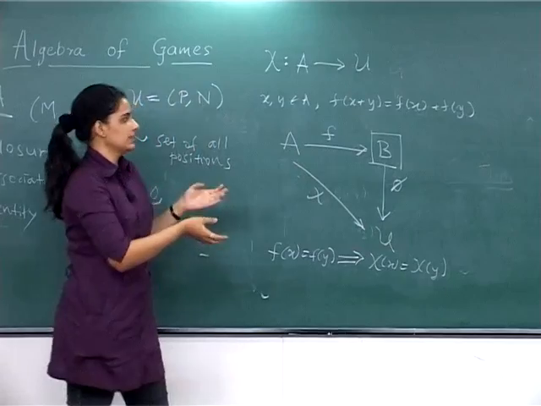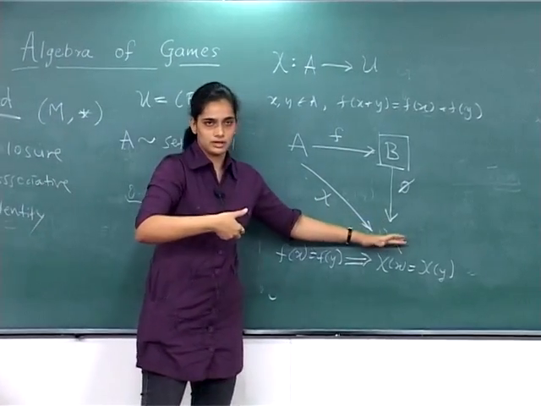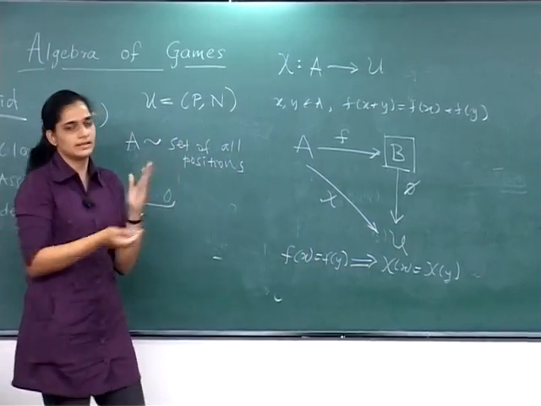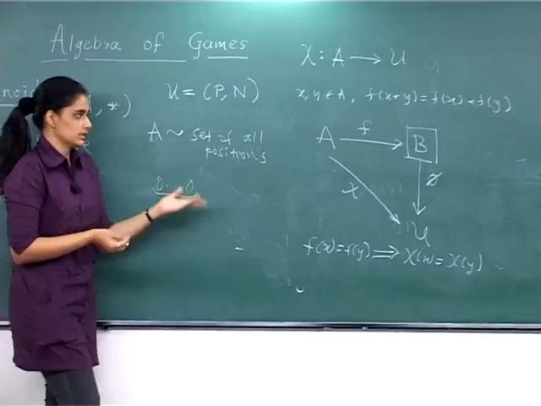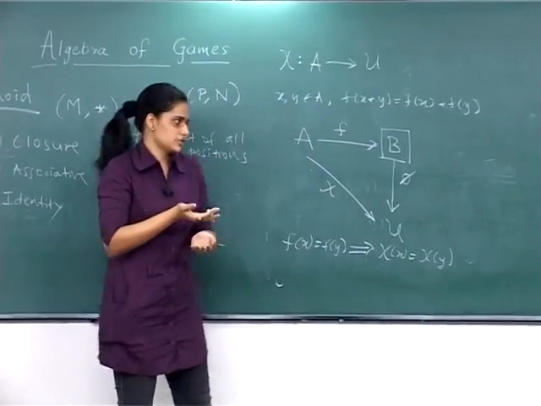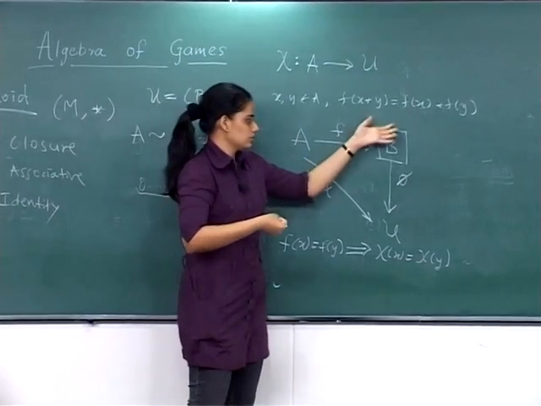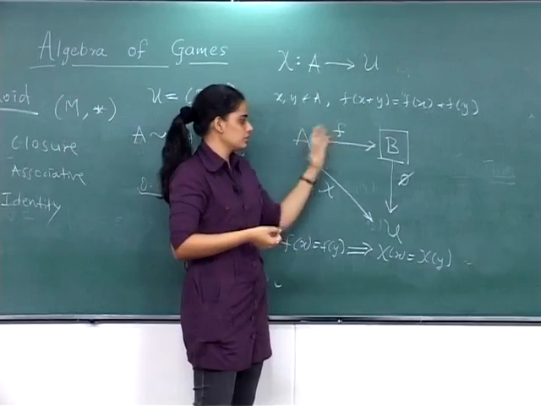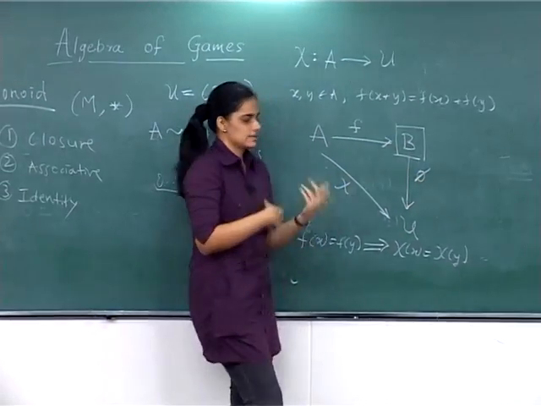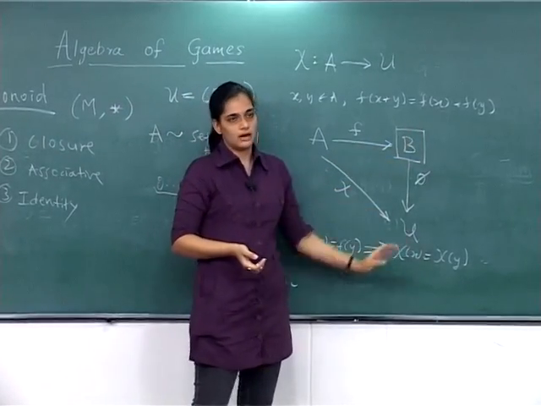So we are basically grouping together all the positions which give us the same outcome. We are not interested in individual positions, we are interested in their outcomes, as I said previously. So f does the job of refining or sifting all positions. It groups together all the positions which give the same outcome, and then the phi function is a simplified function which can directly map the elements from B to the outcomes.